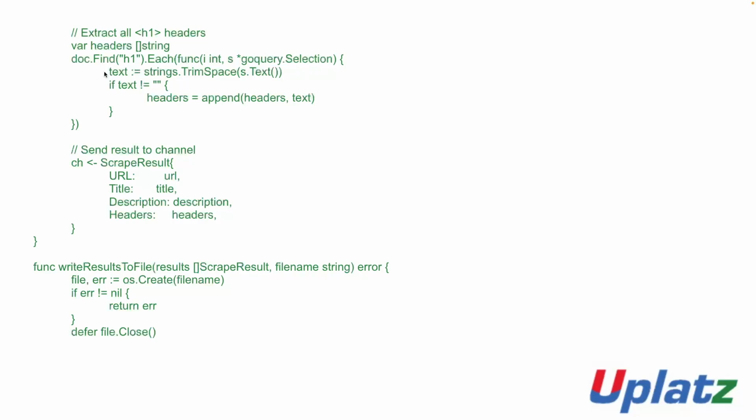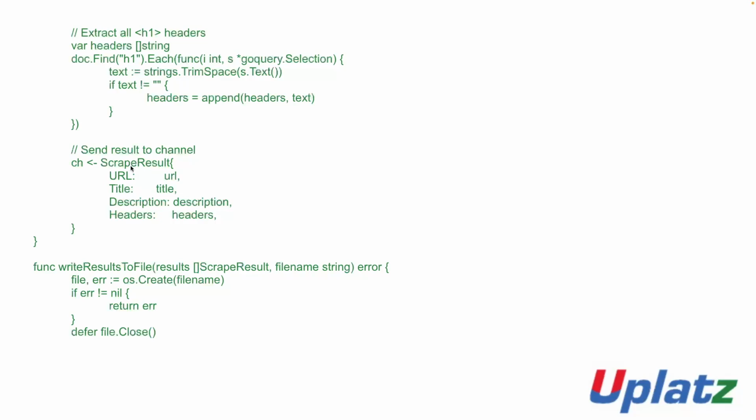Then text := strings.TrimSpace(s.Text()). This is *goquery.Selection, okay, this is the pointer. If text is not equal to blank, then headers = append(headers, text), appended with the text value. Now send the result to the channel.